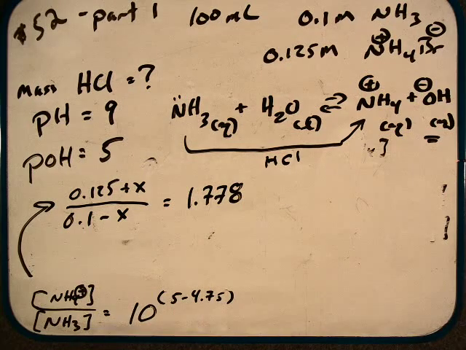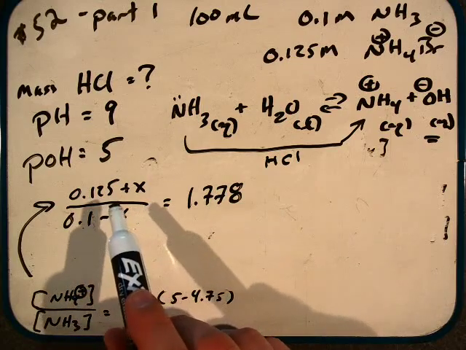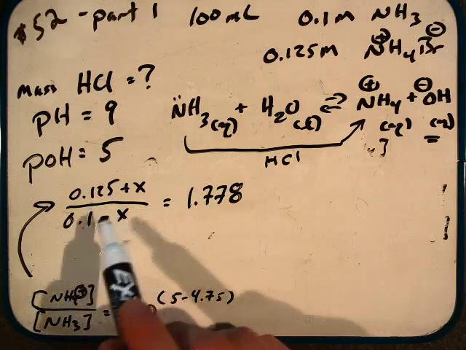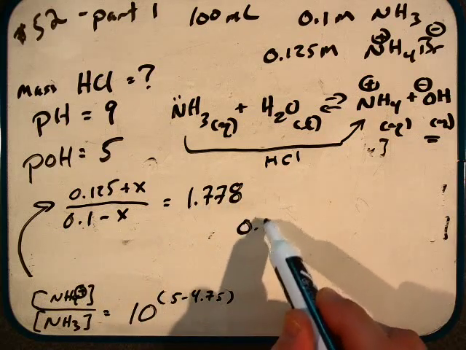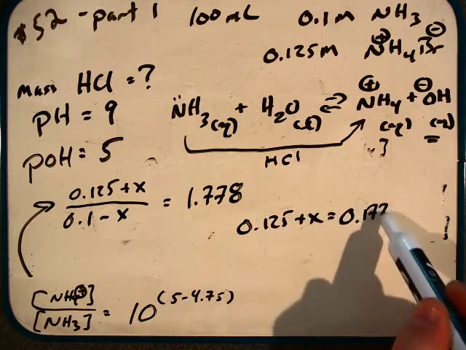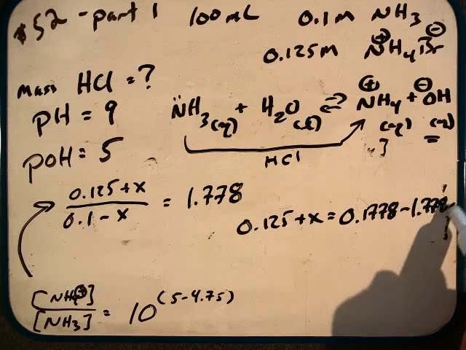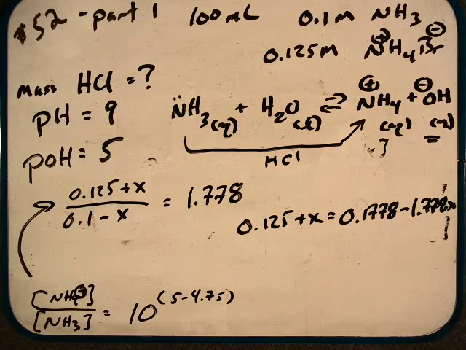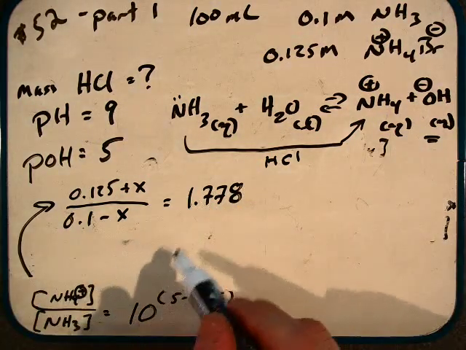At this point, it becomes an isolation of X, trying to get X on one side and solving for it.